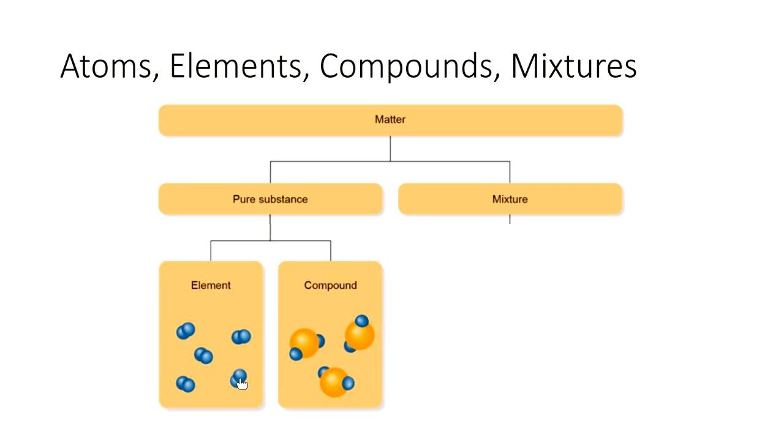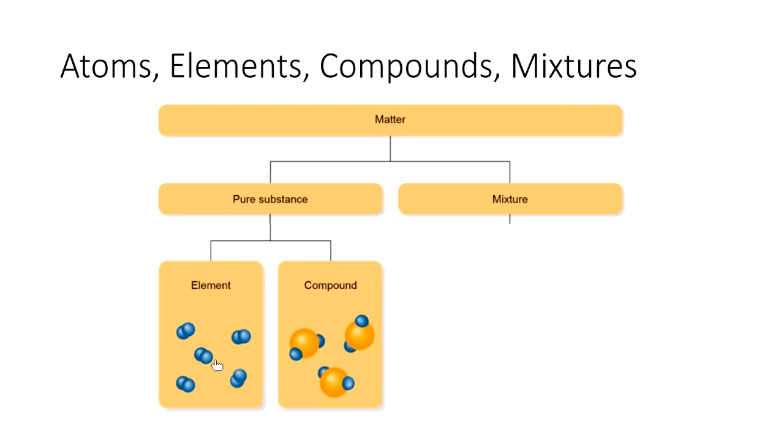This could be, for example, gold, silver, or iron. As long as they have exactly the same type of atoms, we call it an element. And these atoms are bonded in some specific way.